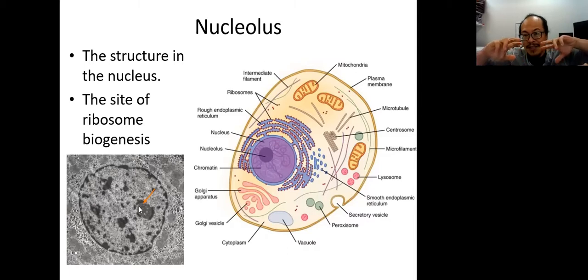That is because it's a combination of the p arms from these 5 chromosomes. So this heterochromatin just gathers in this region, even though they are spread out. This region is called the nucleolus.